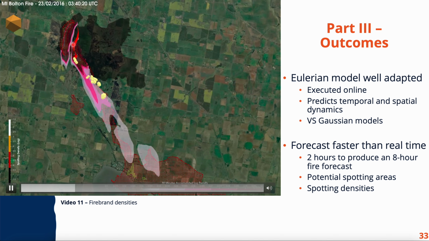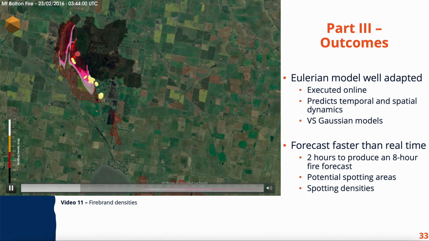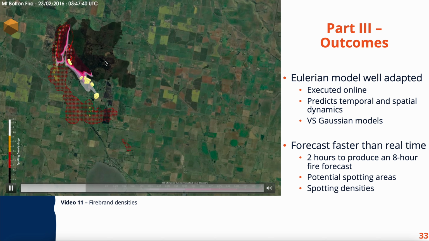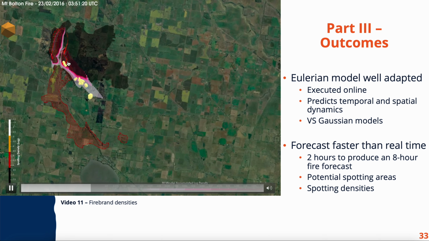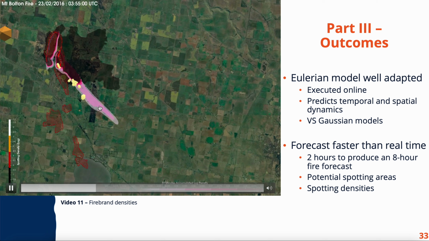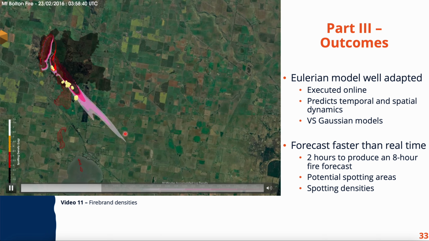Now we see that the fire is starting to shift a little bit towards the east. The convective activity is decreasing, and so the potential spotting areas are increasing a little bit.